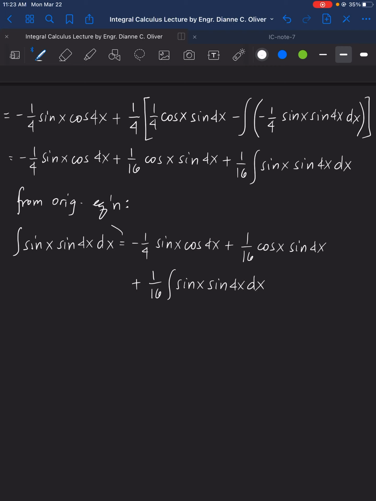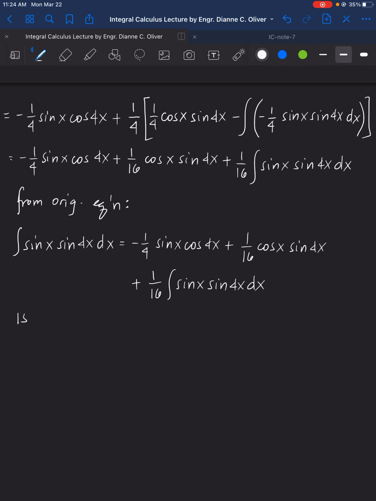So meaning we can now algebraically conduct a 1 minus 1/16 here. If we transpose this to the left side, it will become negative 1/16 integral of sine x sine 4x. So what is 1 minus 1/16? It is equal to 16 minus 1, so that is 15/16.